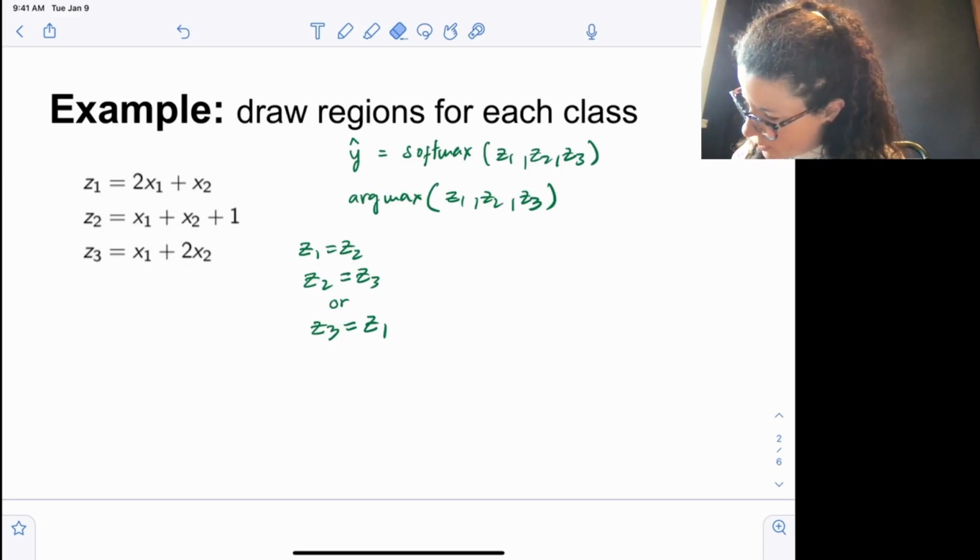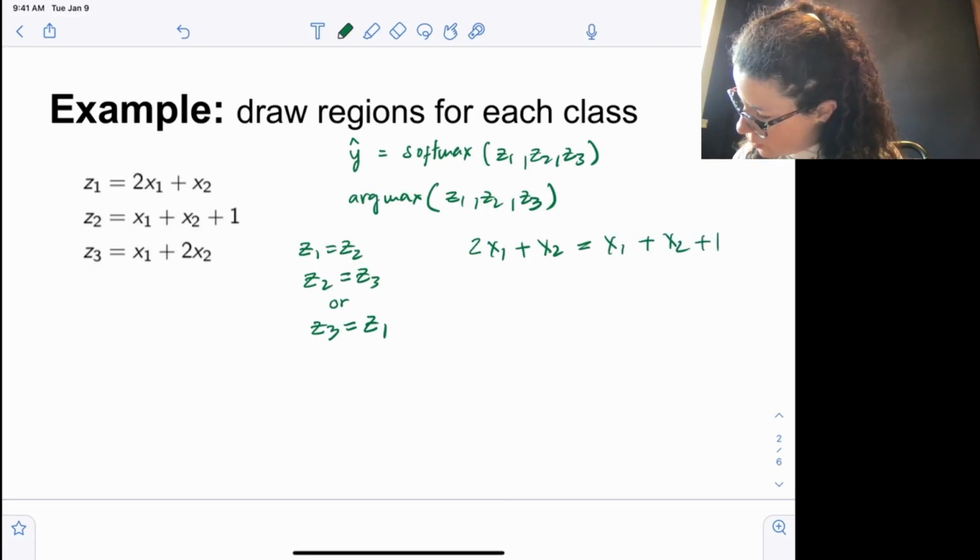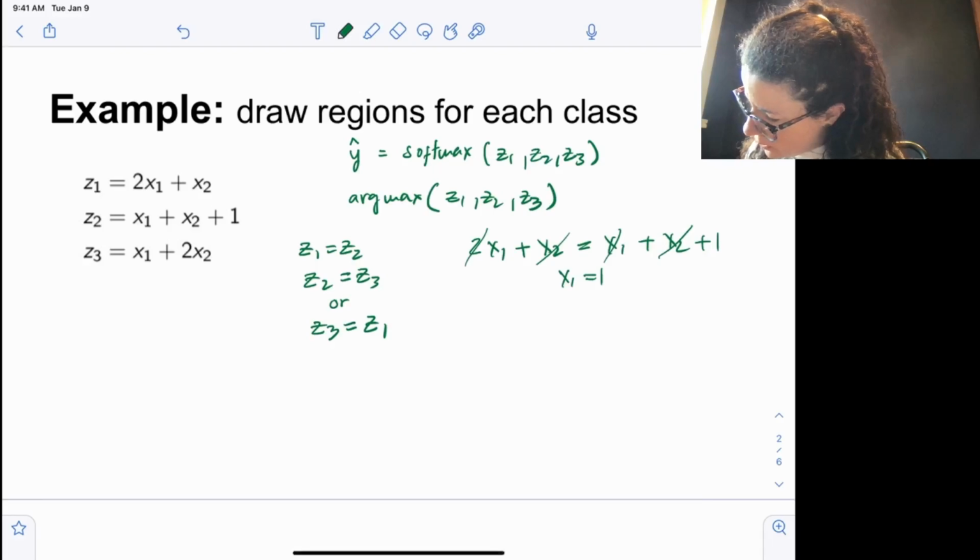So let's start with z1 equals z2. I have here 2x1 plus x2 equal to x1 plus x2 plus 1. Okay, so we can cancel: these two cancel with each other, and we get x1 equals 1. That is coming from here.